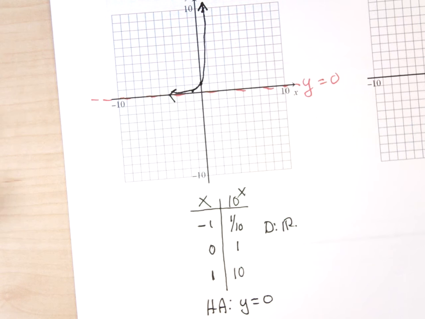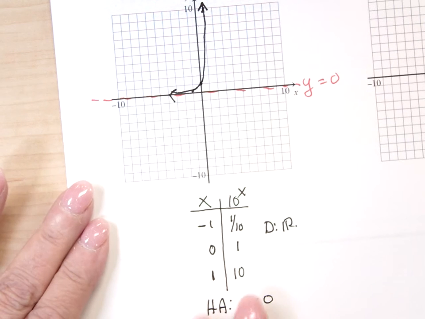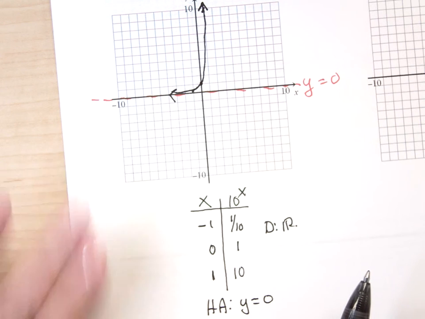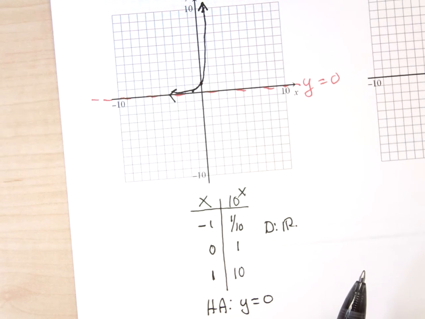The thing that we learned is that the logarithm and the exponential are inverses of each other. That means in order to graph log base 10 of x, I'd flip x and y. So that where I had an HA, I'd now have a VA, because x's and y's flip.